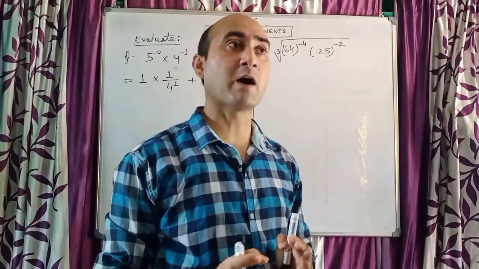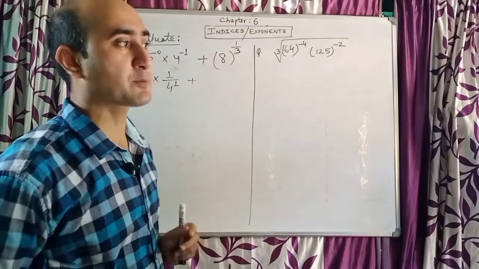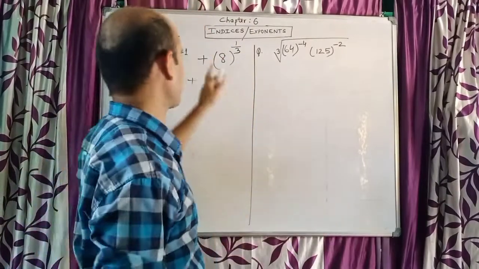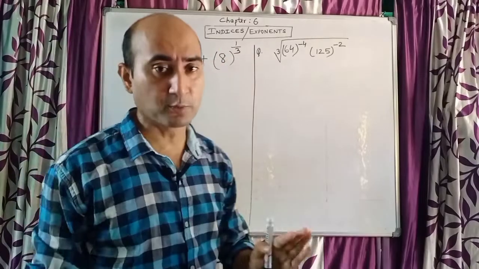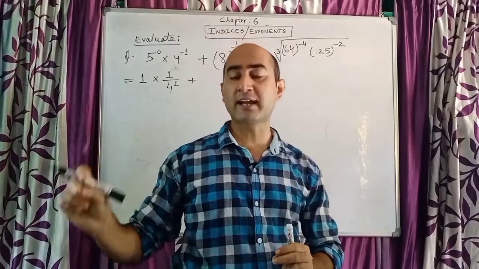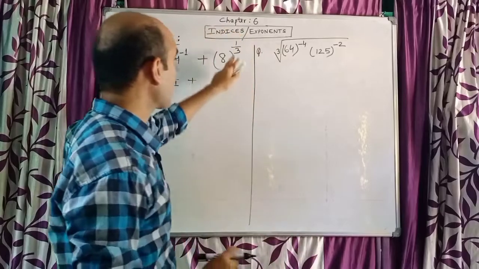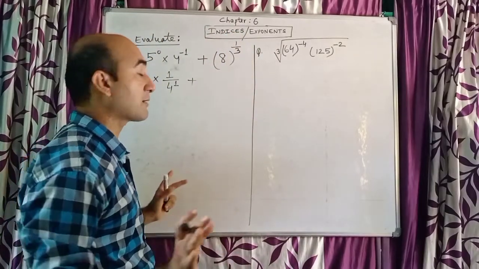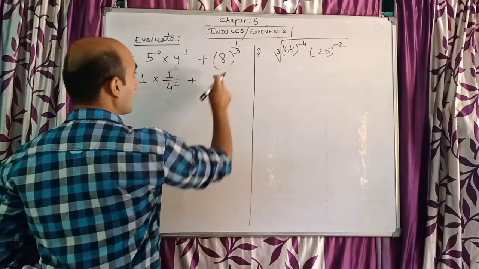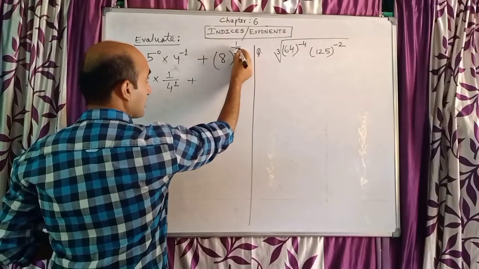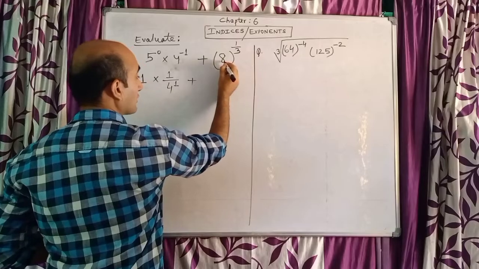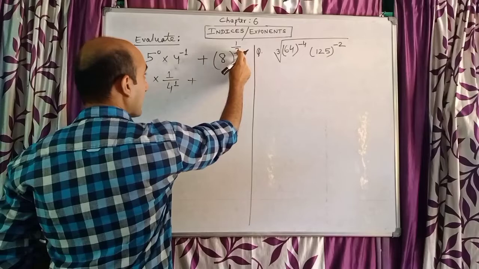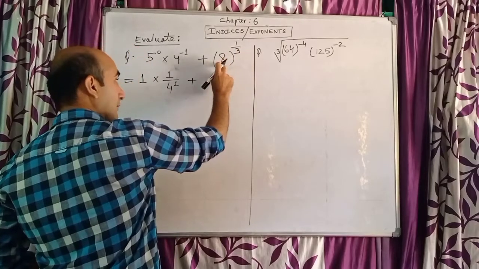When there is a fractional power, there is a technique you have to follow. If it is not a fractional power, suppose it is 8 to the power 3, 8 cube, then you multiply 8 into 8 into 8, 3 times. But when there is a fractional power, you cannot multiply that way because a fraction is a different number. In this case, you know 8 is the cube of 2. Looking at this 3, you decide for this number.